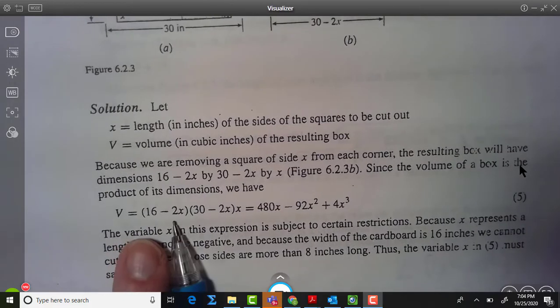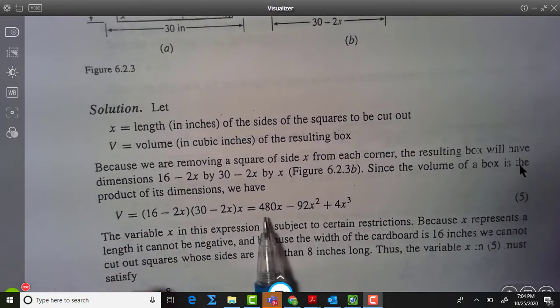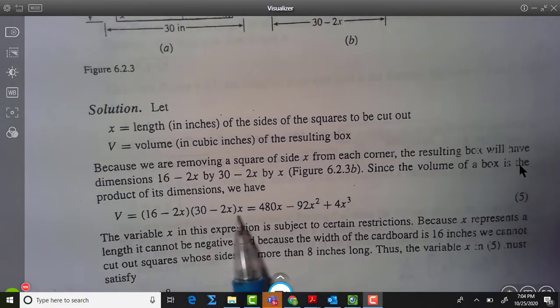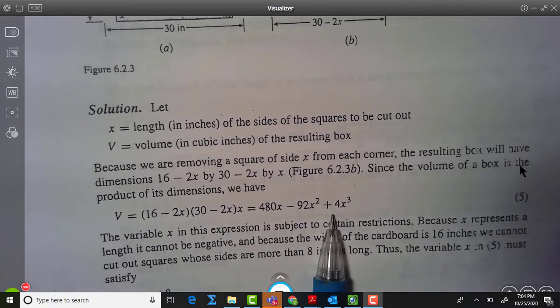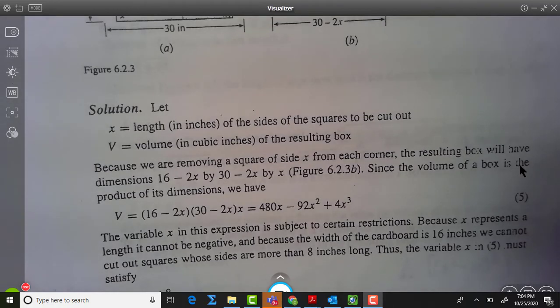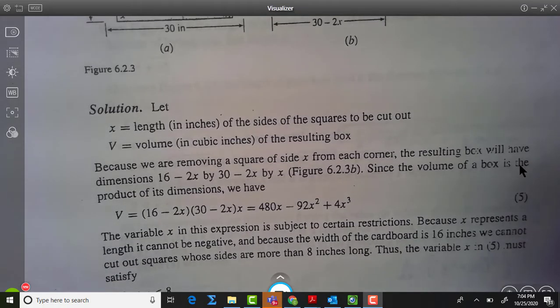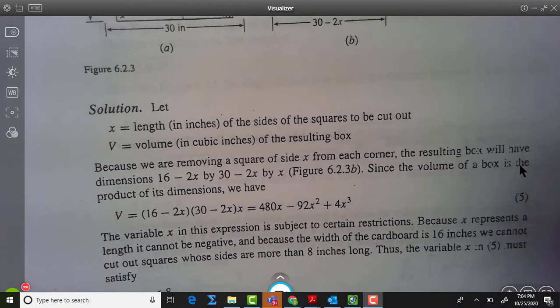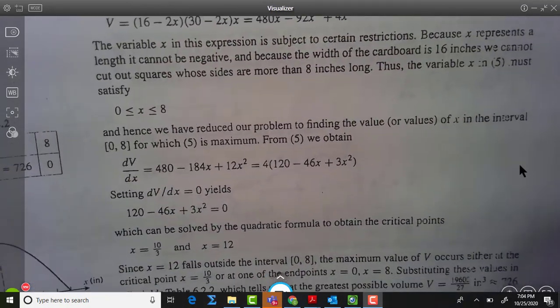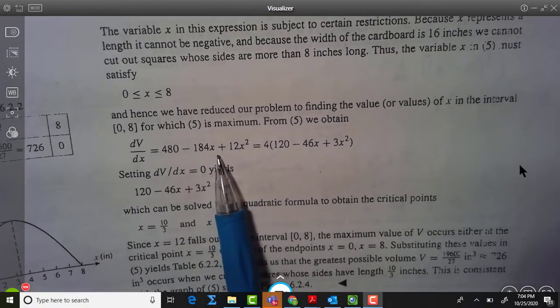So here's our volume formula in the dimensions. Here we can distribute. We know that since my shorter side is 16 inches long, I have to cut actually less than 8 to still be able to have a box. And now we're going to take the derivative, which is here.